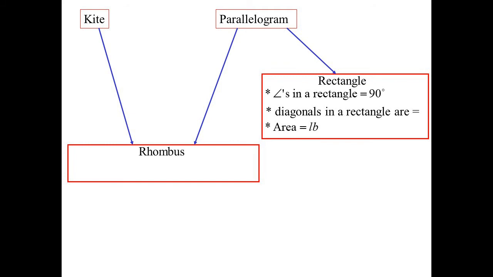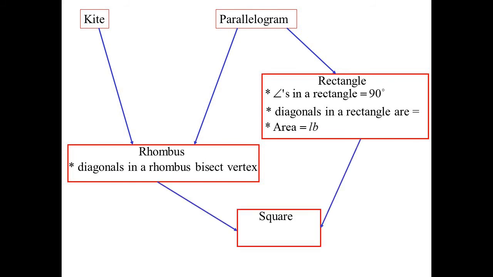Along with the additional properties from a parallelogram and kite, we now know that the diagonals will bisect the vertex angles in a rhombus. Then we get to our perfect quadrilateral, the square. It has all the features of all the quadrilaterals. If we wanted to, we could have an area formula, the side squared, hence the name square.